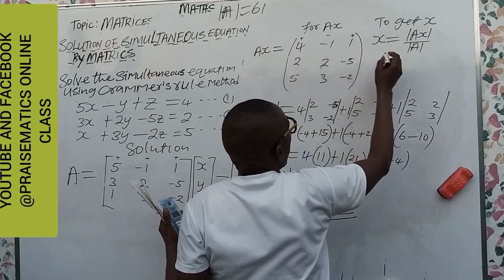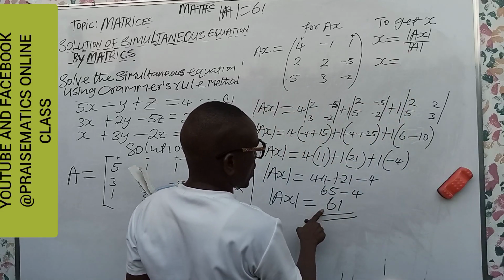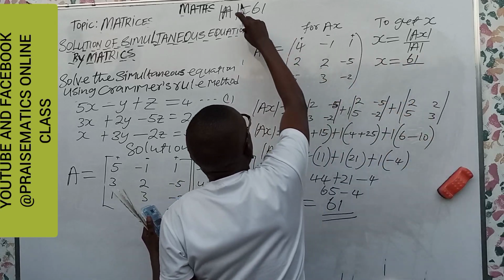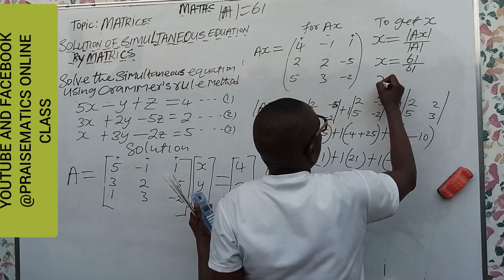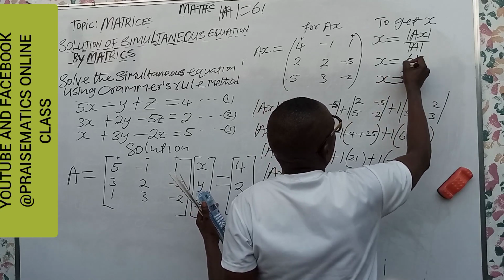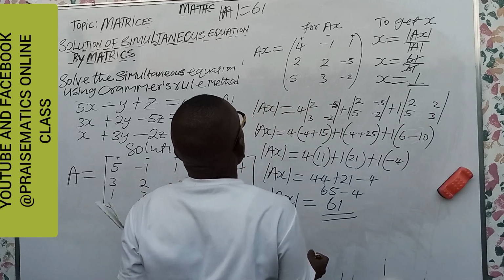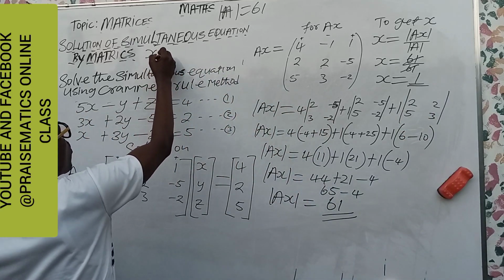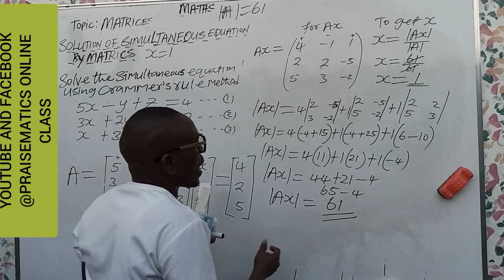From here we have that our Ax determinant is 61, which is 61 over what? Our A determinant is 61. Finally, this will cancel, and our x is equal to 1. So let's just write it: x equal to 1. Okay, we are done with x.